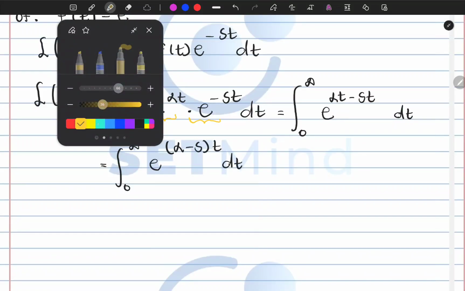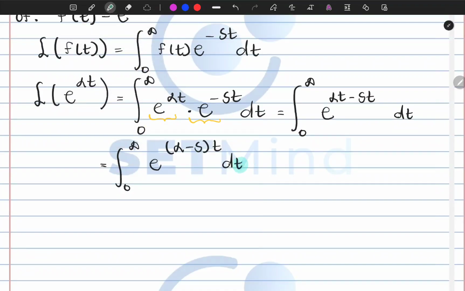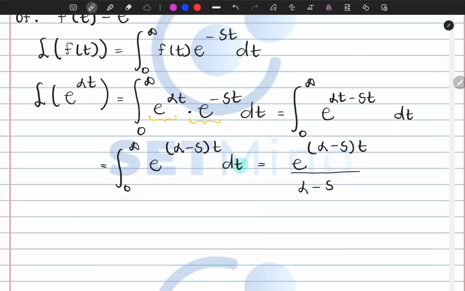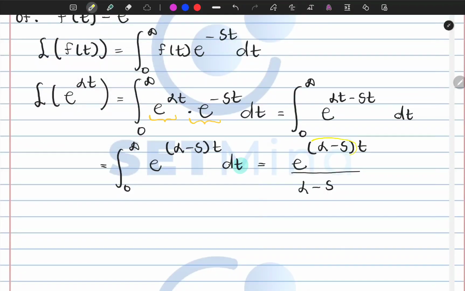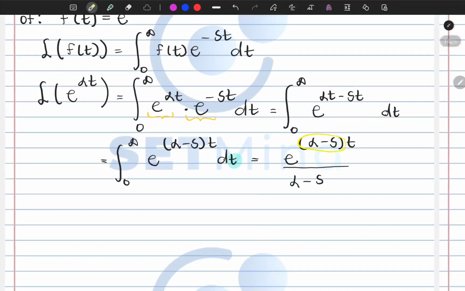What is very important to remember is that you are integrating with respect to t. So when we integrate with respect to t, what we are going to have is e to the power of alpha minus s times t divided by alpha minus s. Because remember, by chain rule, we always divide by whatever is multiplying there. That is by chain rule.